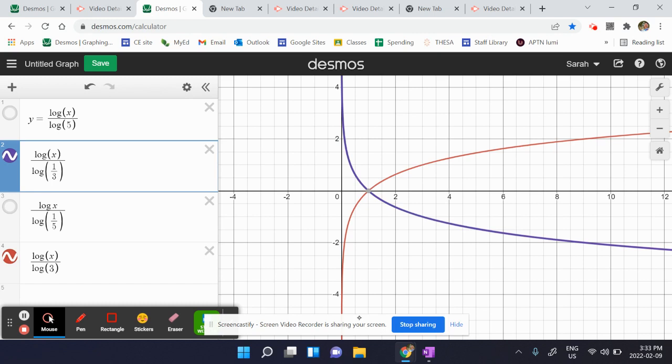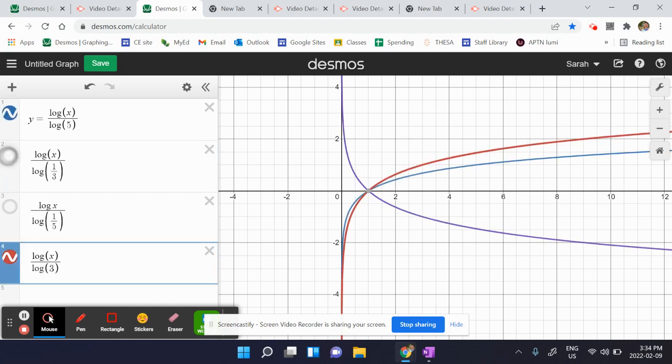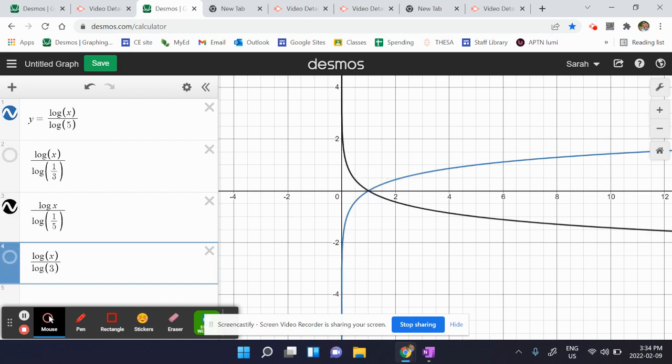So your points here are going to be flipped over the x-axis, okay? And if I change that up, so we do 5 and 1/5, it does the same, okay? Flips it over the x-axis.